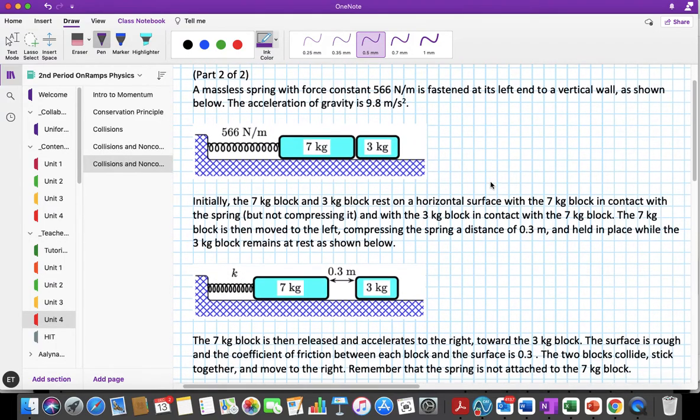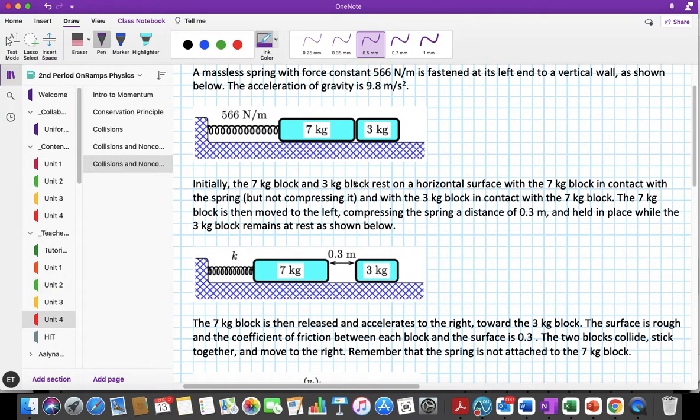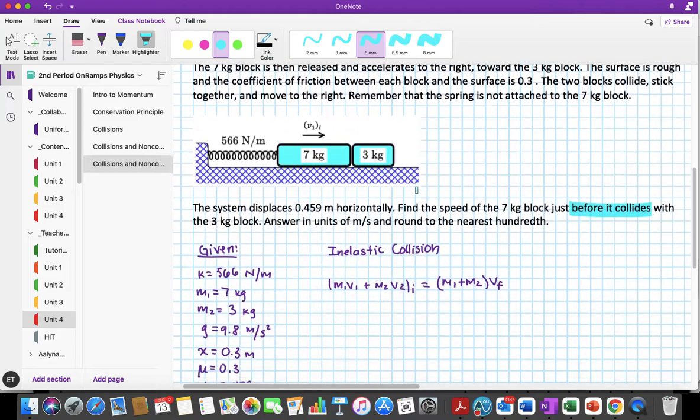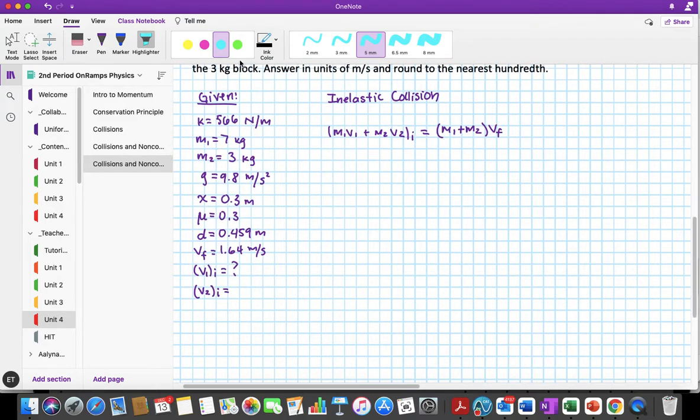It was somewhere here. This one is at rest, the 3 kilogram block. And mass 2 is 3 kilograms. Therefore, this is 0 meters per second.